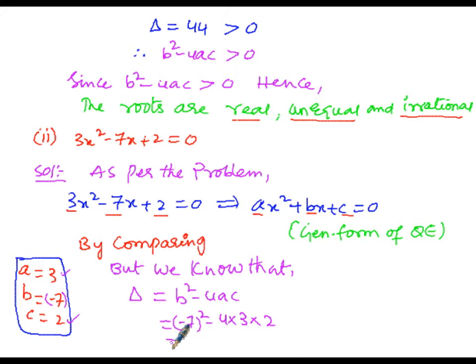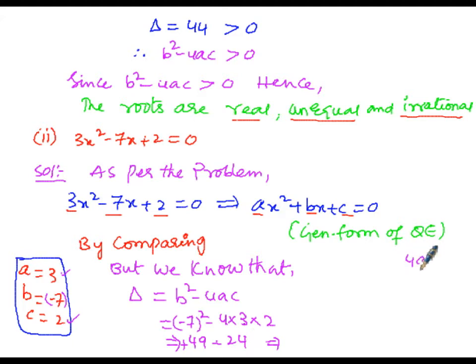So that implies minus multiplied twice: minus of minus is plus, 7 square, 7 sevens are 49, minus 4 threes are 12, 12 twos are 24. So 24 is negative and 49 is positive. For further simplification, plus of minus is minus, so we subtract the lesser from the greater: 49 minus 24.